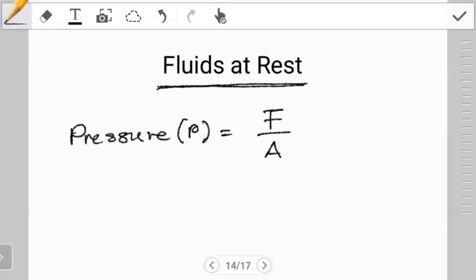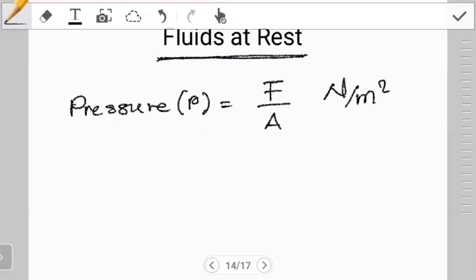With this in mind, pressure has units of newtons per meter squared. This unit is sometimes abbreviated as Pa, meaning the Pascal. That is what makes up 1 Pascal.